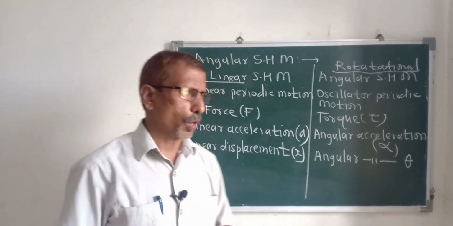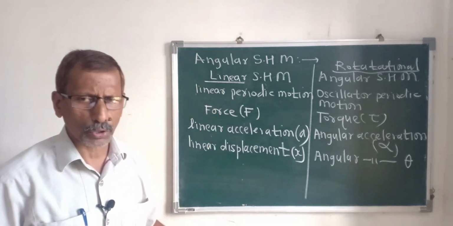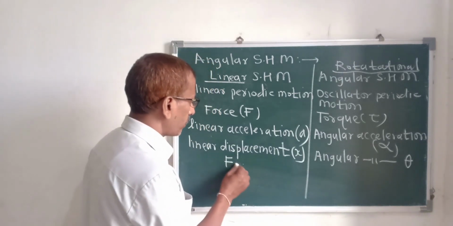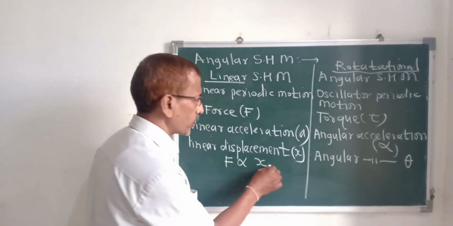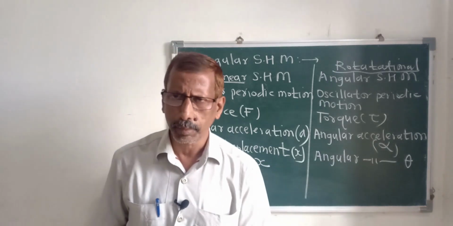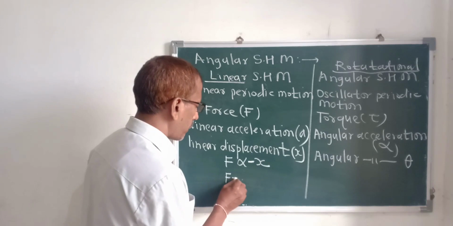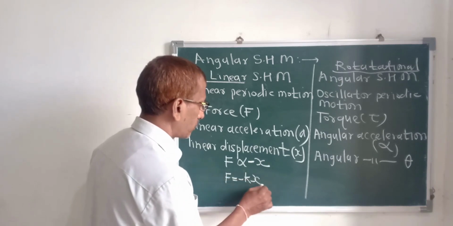Such a motion is called linear simple harmonic motion. So here we write F directly proportional to displacement from mean position, and it is oppositely directed. So we write F is equal to minus kx.